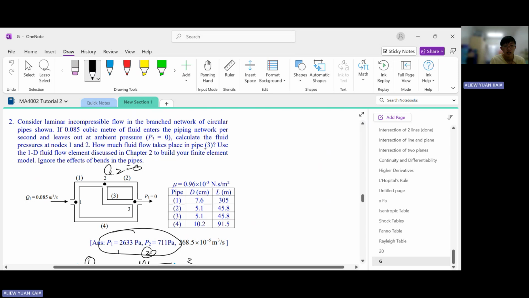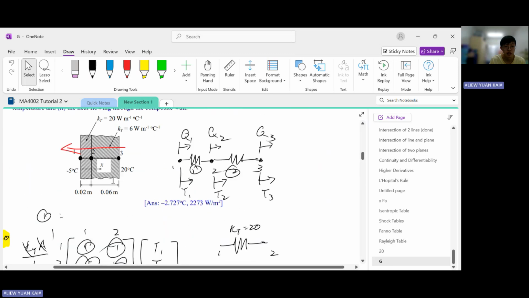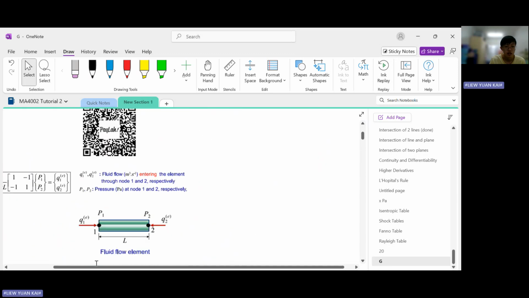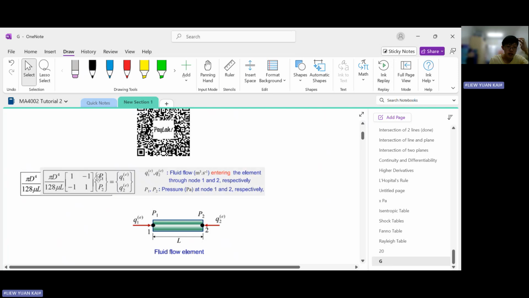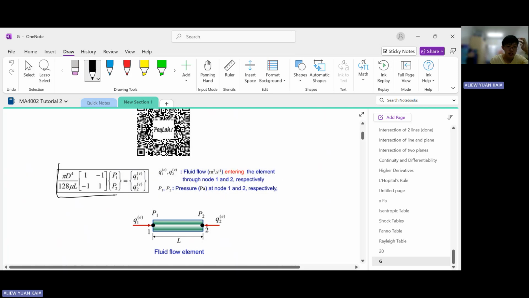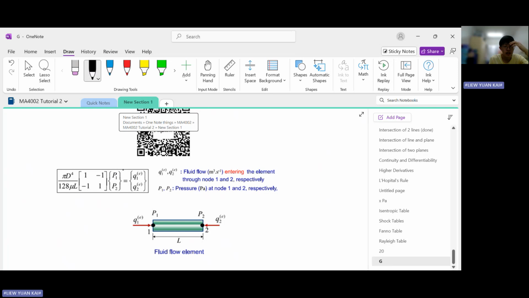Now we also need to find the fluid flow in pipe 3. So how do you do that? You need to use this formula that was provided in the lecture. In the lecture, they provide you the element equilibrium equation for a pipe element. What this term will calculate are these: the volumetric flow rate through each node.